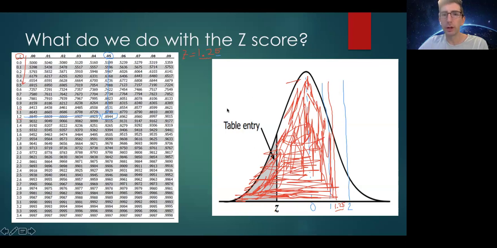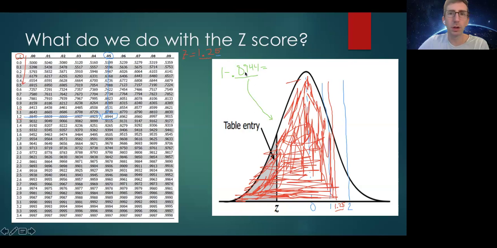what we could do is just take 1 minus this number. If we were to do 1 minus the 0.8944, and remember this 0.8944 is the area to the left.